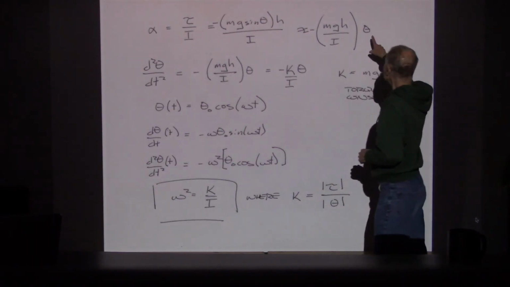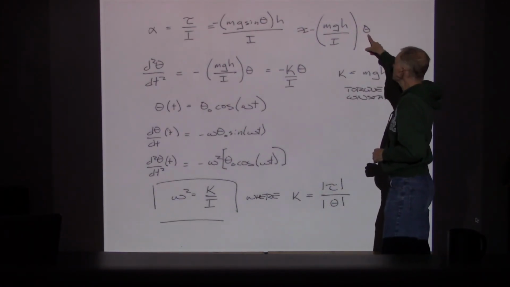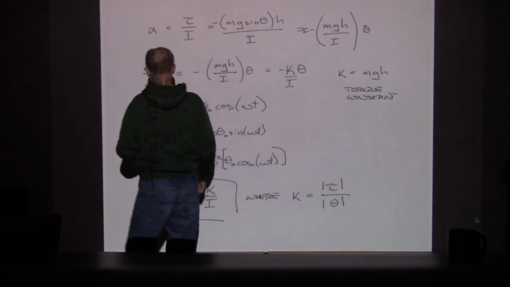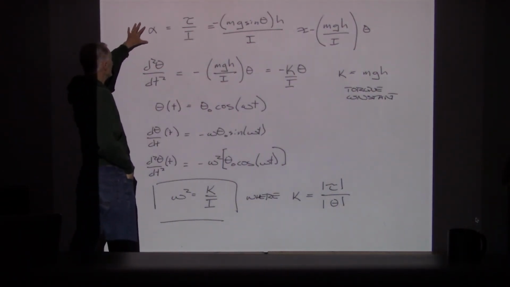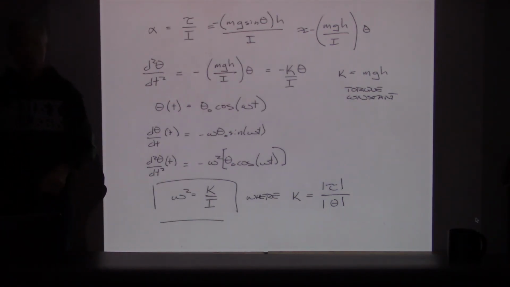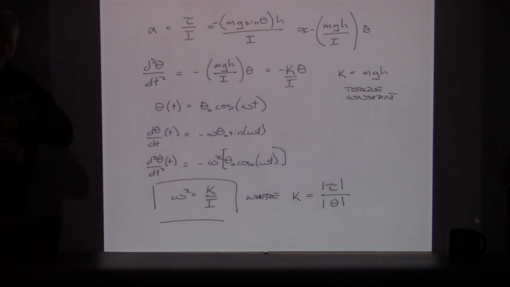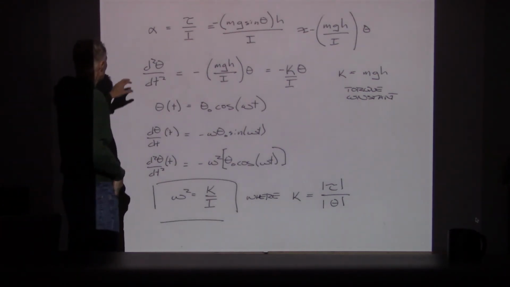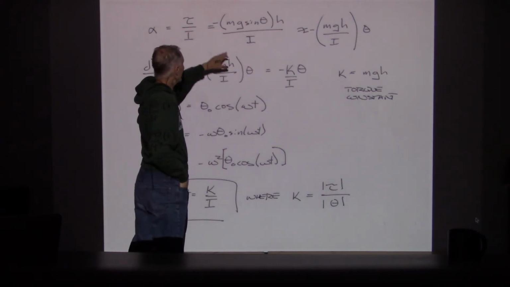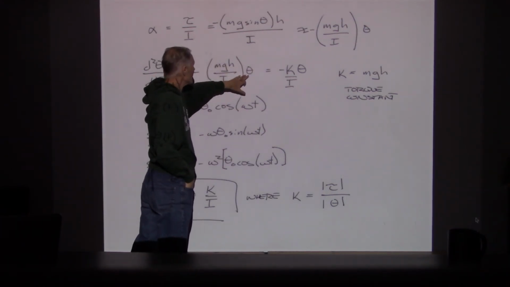That can be approximated by theta itself. And then this gets brought into this differential equation. The rotational acceleration is the second time derivative of the theta function. So go back to chapter 10. If this doesn't look familiar, go back and take a quick review of chapter 10. This is going to be equal to mgh over I times theta.